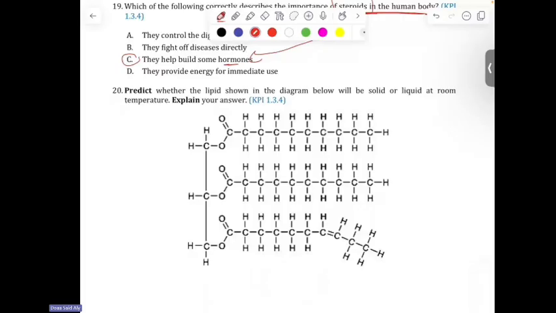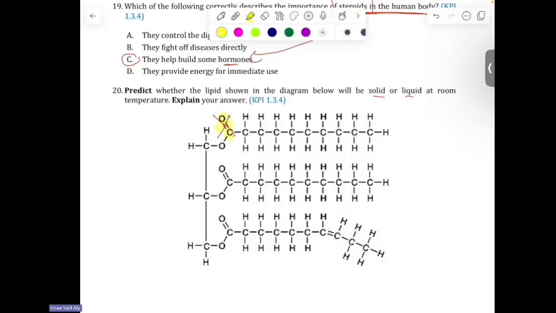Then this one they are asking you to predict whether the lipid shown in the diagram below is a solid or liquid. Girls, you have to check every bond, every single or double bond between the carbon. Check all of them and pay attention. We are not checking the bond between the carbon and the hydrogen. This is wrong. You are checking the carbon bond.